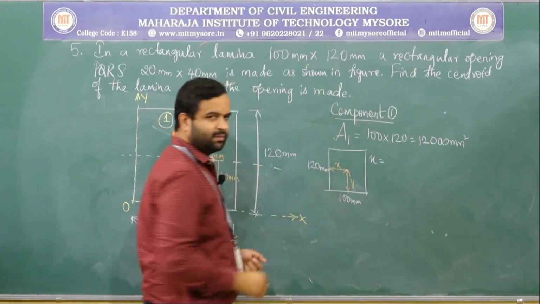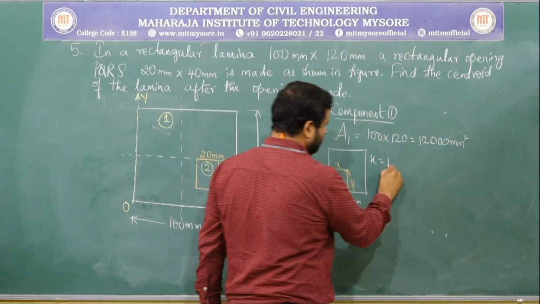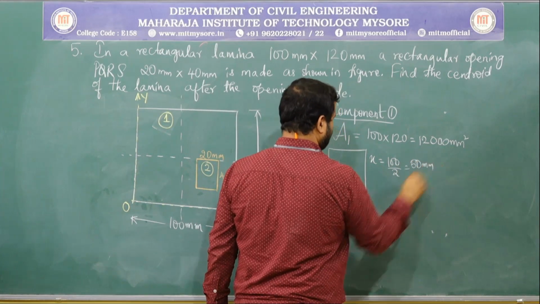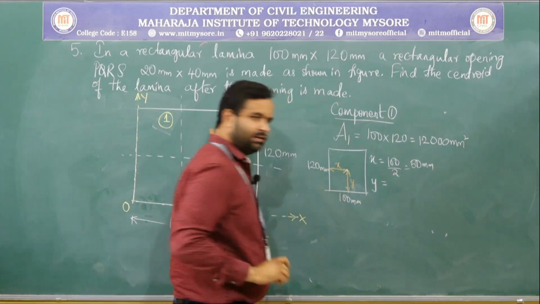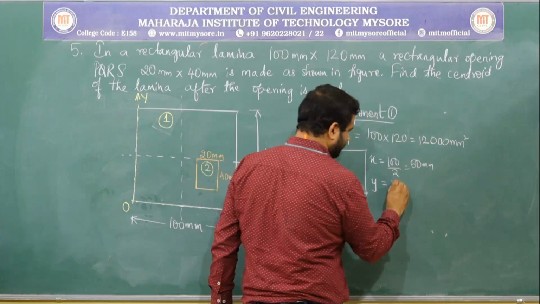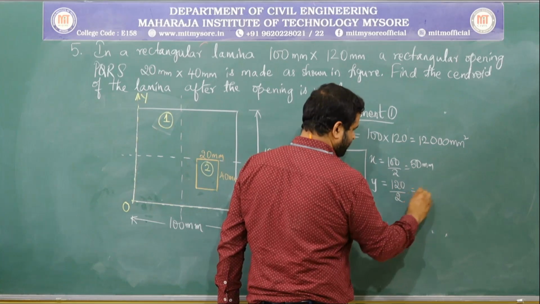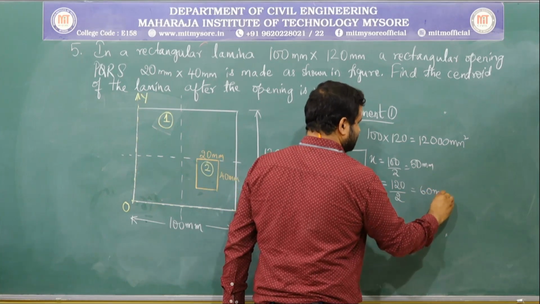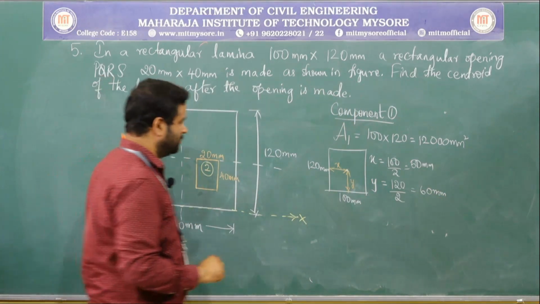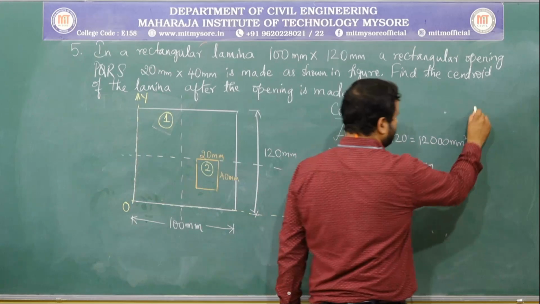So x is nothing but half of 100, that is 100 by 2, which is equal to 50 mm. What about its y? It is equal to 120 by 2, which is equal to 60 mm. Now let me write component 2.